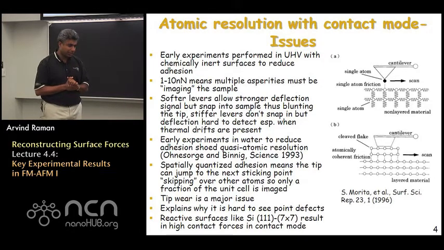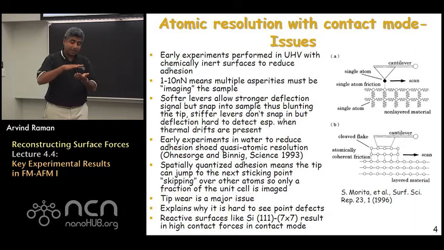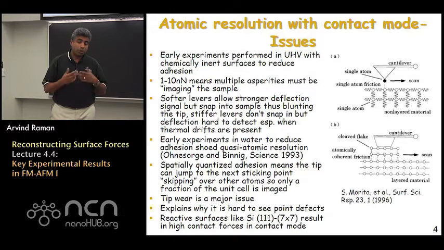The other major issue that came up is if one is trying to image layered material, one could imagine situations in a contact mode that a small flake of a layered material, just a few atoms wide, could attach itself to the tip. As a result, you would have the situation shown on the bottom right, where you have actually a little flake that's scanning over the surface. This again would completely mask the presence of point atomic defects.